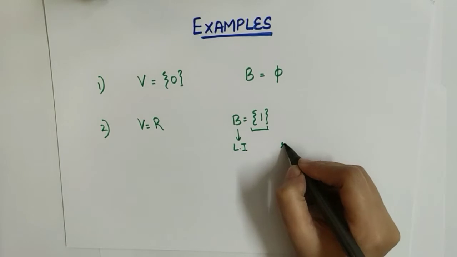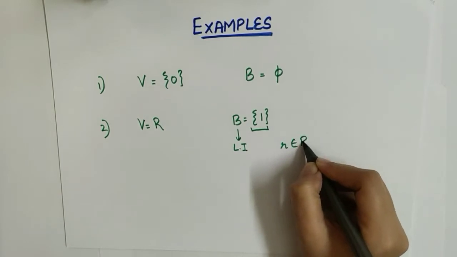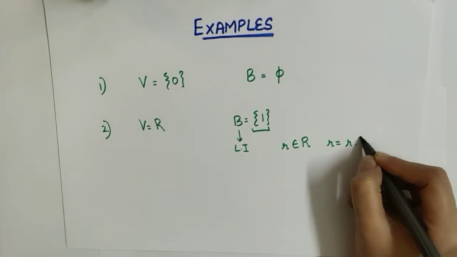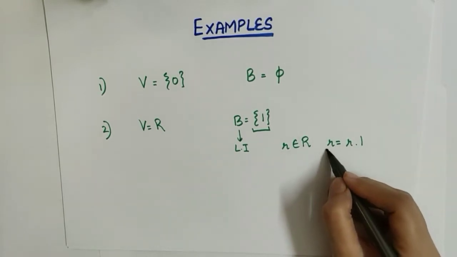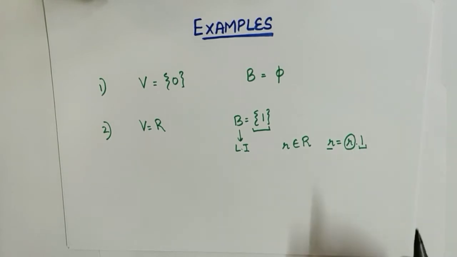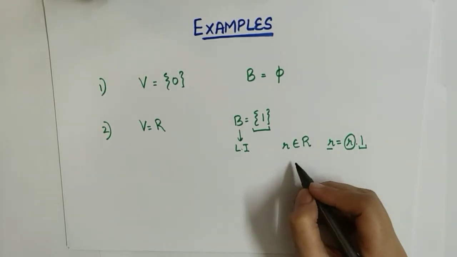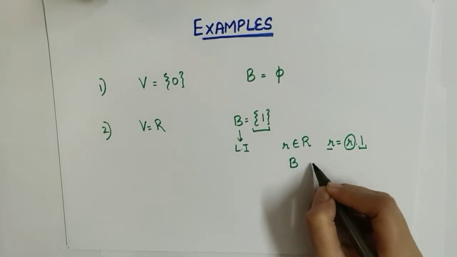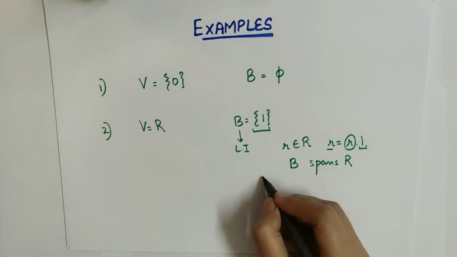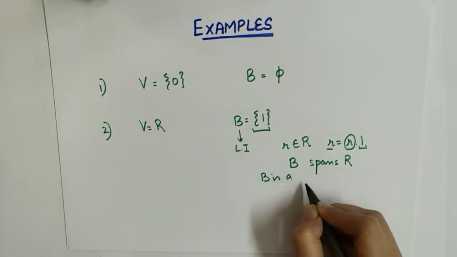Also, if we take any real number r, then r can be written as r into 1. That means r can be written as a scalar multiple of 1. So, this means that B spans R. Thus, B is a basis.